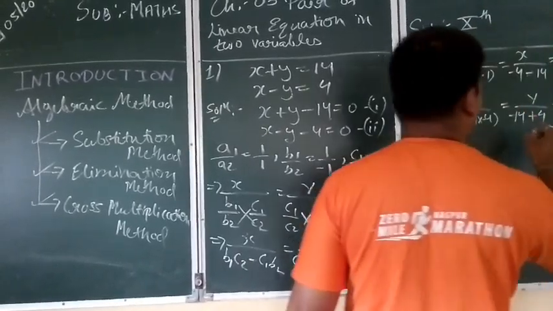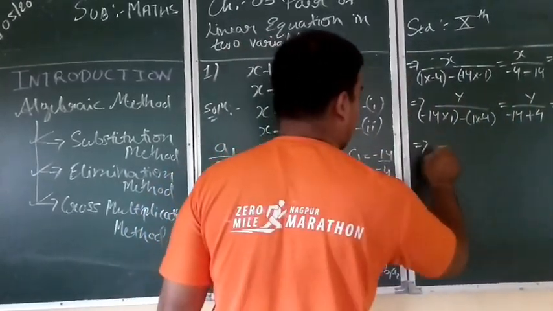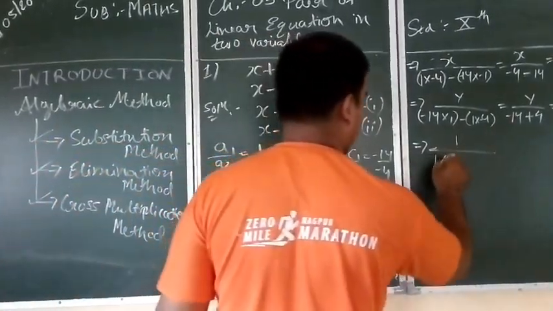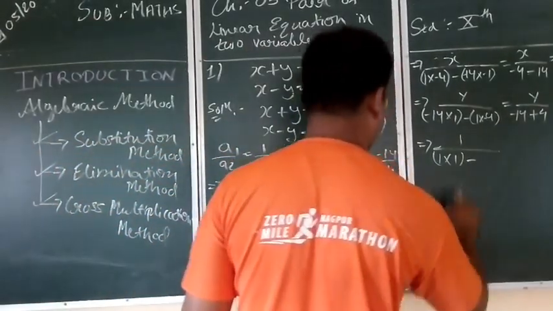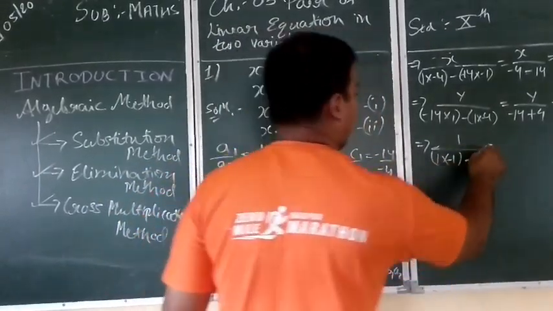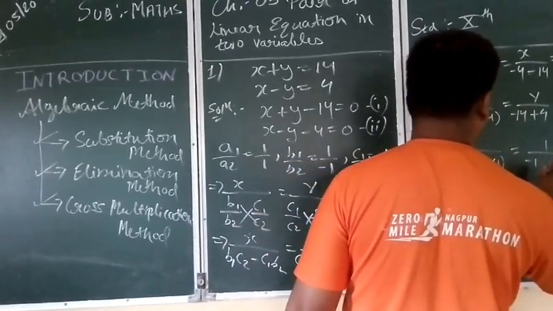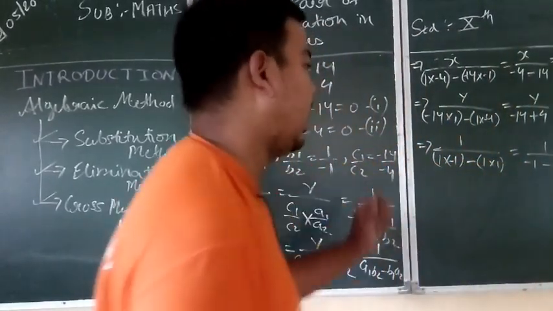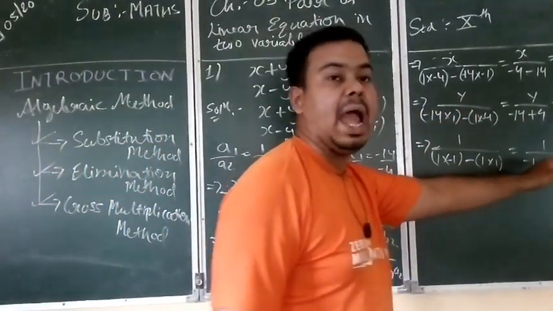So y is minus 14 plus 4, which is minus 10. Now next is the constant. a1 is 1 times b2 minus 1, minus sign, b1 is 1 and a2 is 1, so 1 times 1. So minus 1 minus 1 is minus 2. Okay, so we got x by minus 18, y by minus 10 and 1 by minus 2.